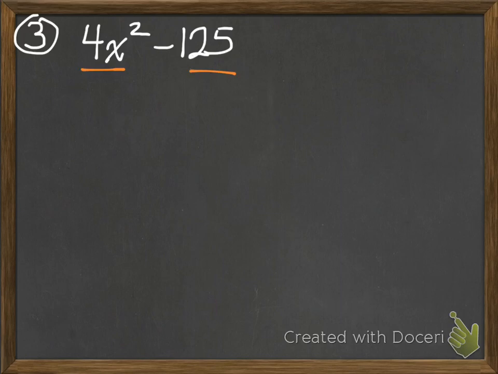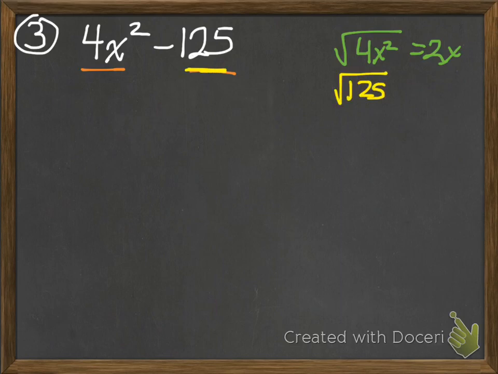So next, I look to see about square roots. Can I take the square root of 4x squared and come up with a nice number? And so that would be 2x. Can I take the square root of 125? Well, when I take the square root of 125, I come up with 11.18 and so on.